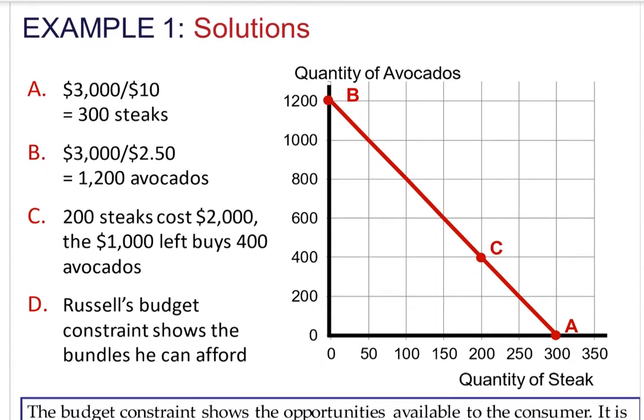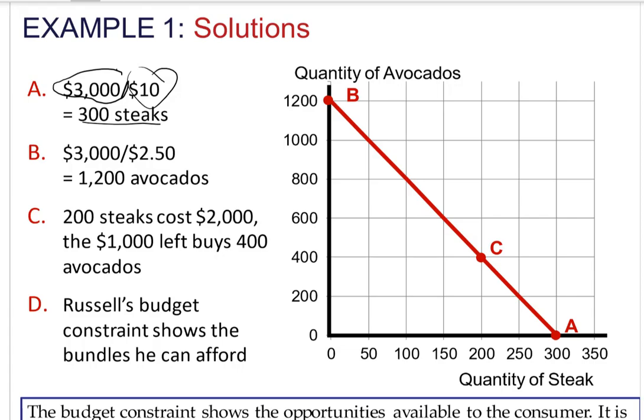So this is the solution. Let's get started with answering the questions. The first question was, how many steaks could Russell buy if he spends all his income? In this case, it's $3,000, given a steak costs $10. So we take all the income divided by the price of steaks. That gives us 300 steaks.